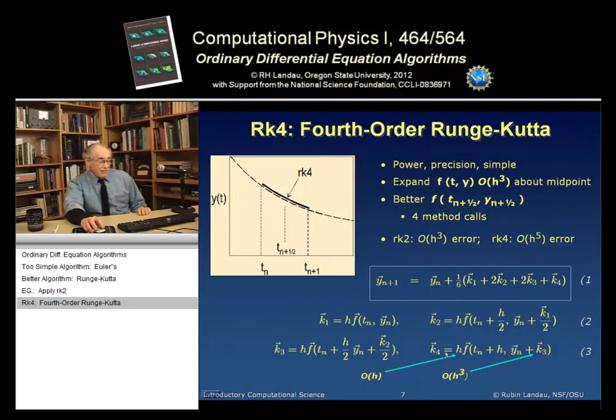And what we have here in K4 is your derivative function evaluated at some middle position, y sub n plus K3. Okay, what is K3? Well, K3 goes like h, so there's a power of h. It has K2. K2, there's an h. It has another K1. K1 goes like h. So the K3 term is an order h cubed correction.